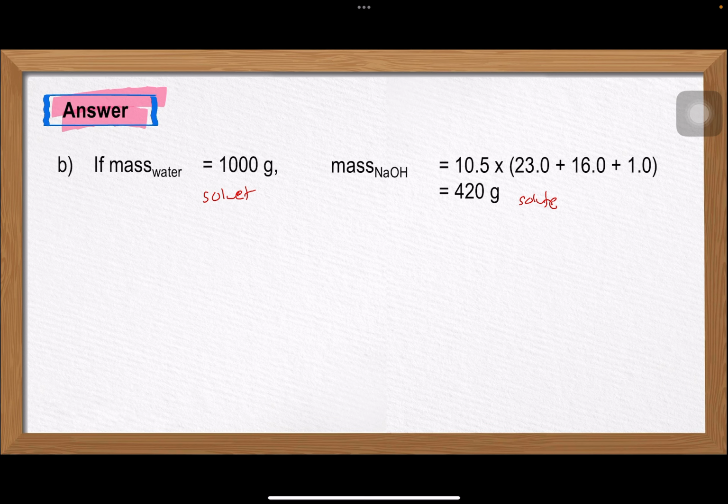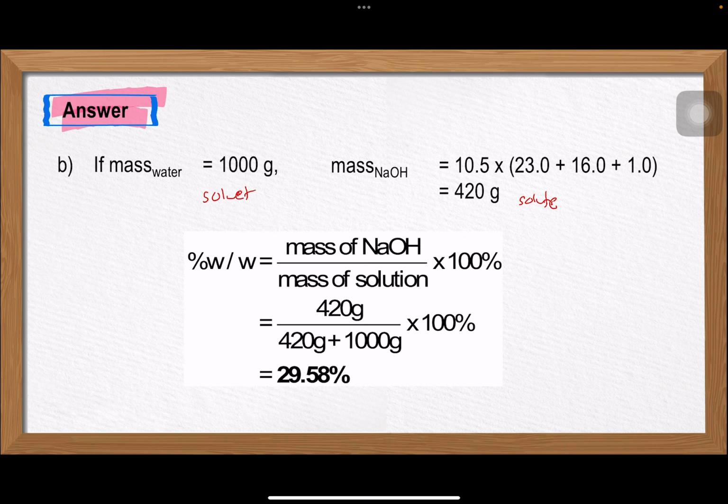So percentage by mass of NaOH is mass of NaOH divided by mass of solution, 420 gram divided by mass of solution. Solution is solute plus solvent, that is 420 plus 1000. So the percentage by mass is 29.58%. And the last one for 24 is molarity.